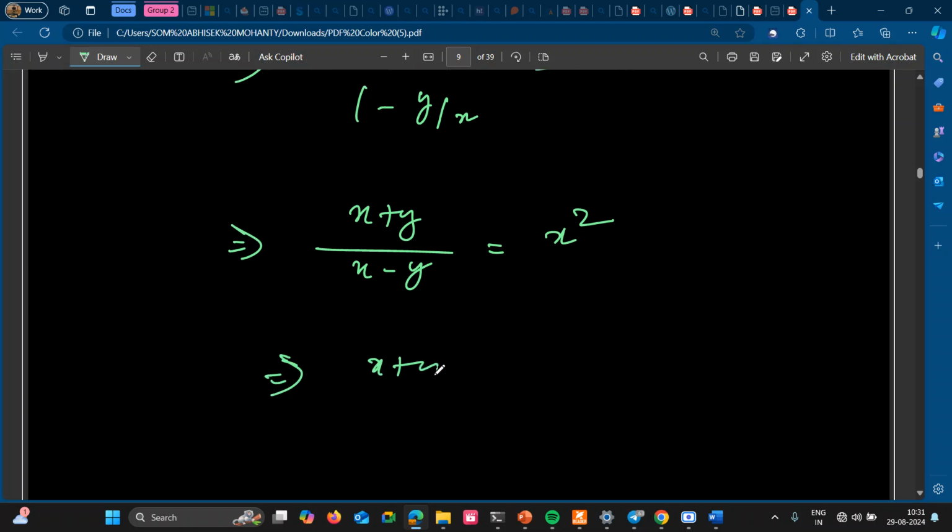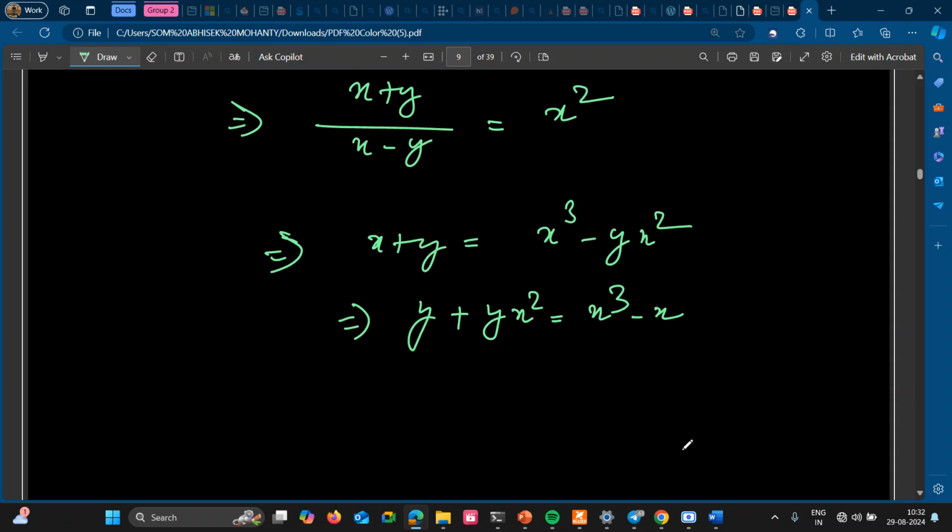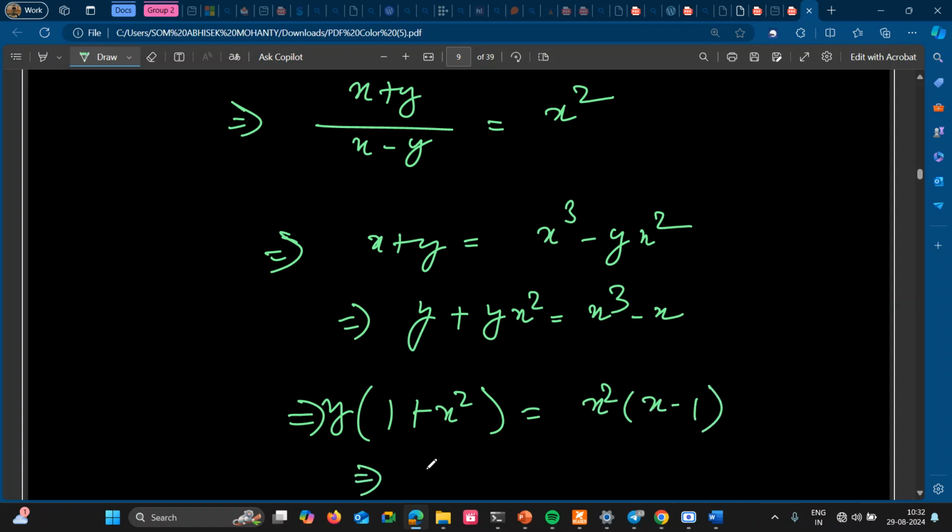So x plus y is equal to x cube minus y x square. Take the x to the side: y plus y x square is equal to x cube minus x. Okay, these are the basic things I don't want to explain. So y times 1 plus x square is equal to x times x square minus 1... so y is equal to x square into x minus 1 divided by 1 plus x square.